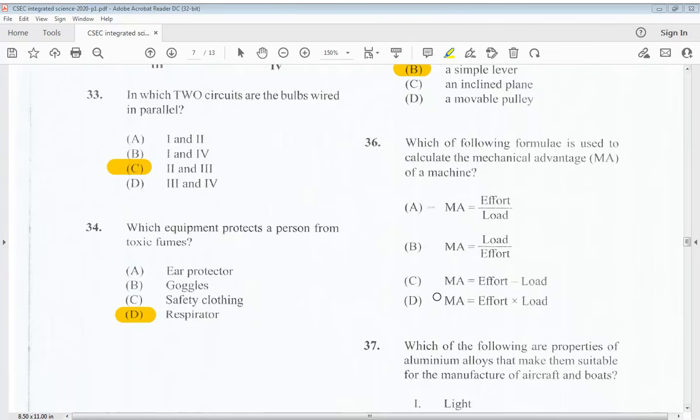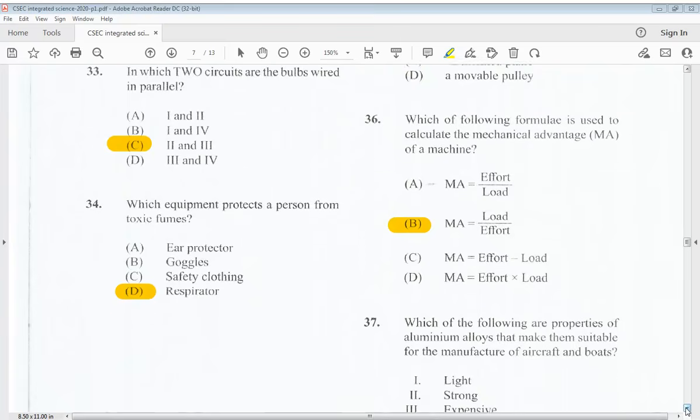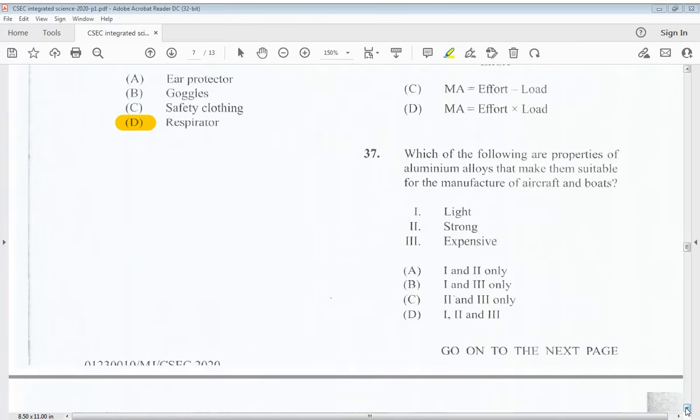So the formula is B. 37. So which of the following are properties of aluminum alloys that make them suitable for the manufacture of aircraft and boats?